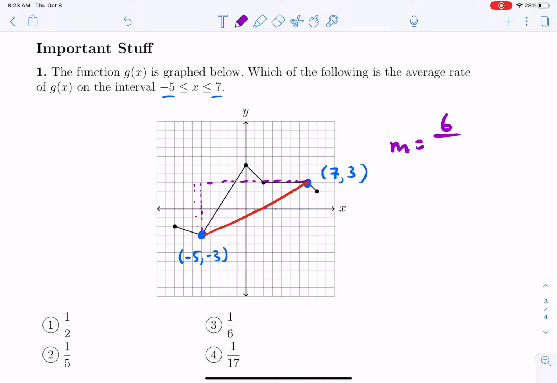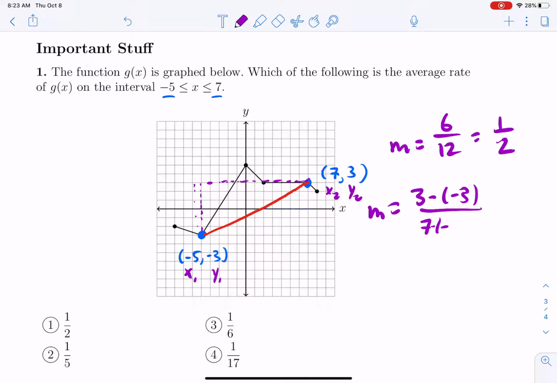The rise is 6, the run is 12, so that simplifies to 1/2. With the numbers, we label x1, y1, x2, y2. So 3 take away -3 over 7 take away -5. We get the same thing, 6 over 12, which is equal to 1/2.